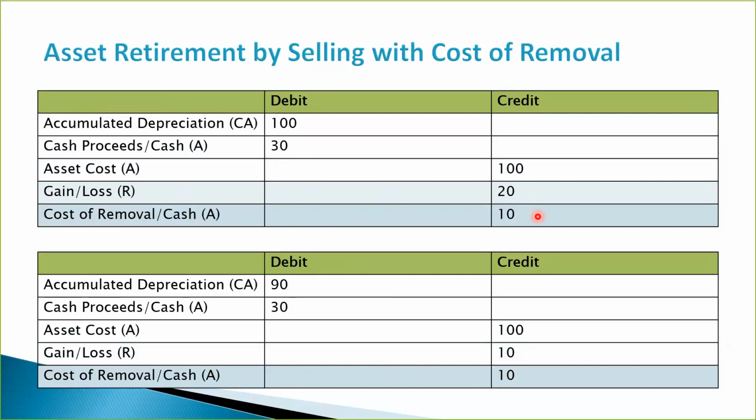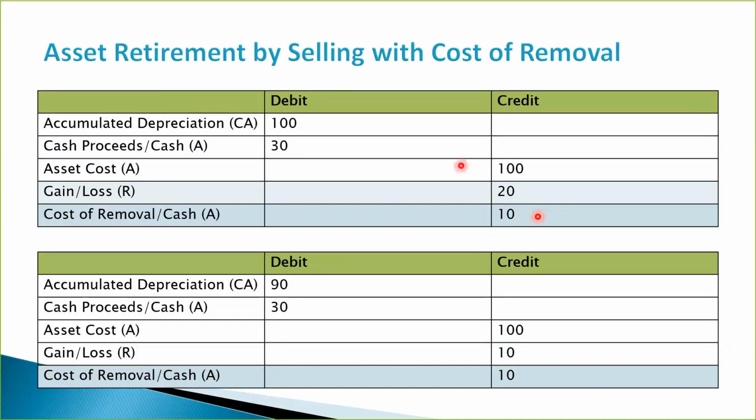Maybe it's a lab or something, and that asset needs some specialized skills to handle it. So you hire people to come and remove that asset and dispose of it, so you have to pay them. That's the cost of removal. But after you remove it, you're going ahead to sell that asset. So that's what we are looking at here.